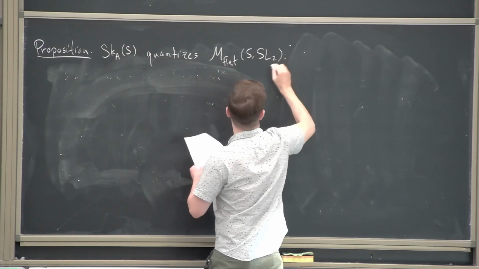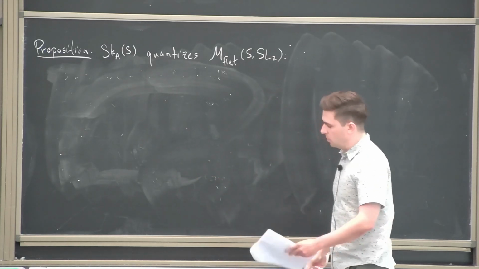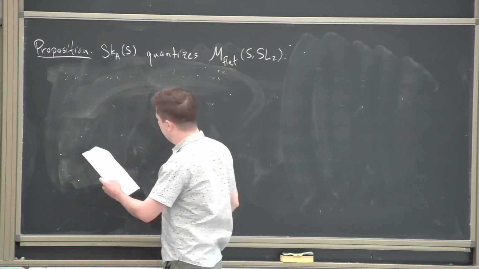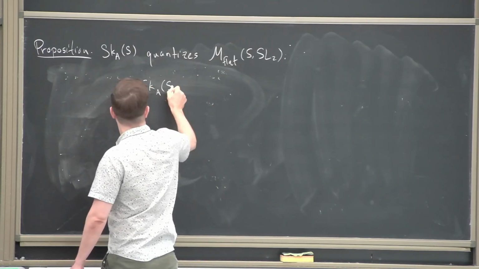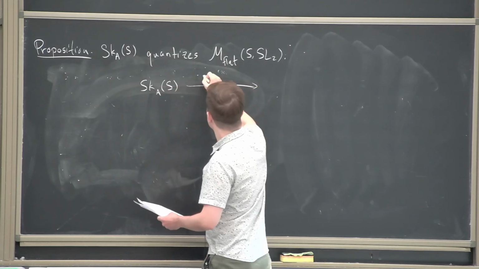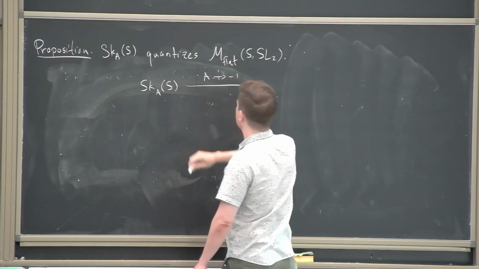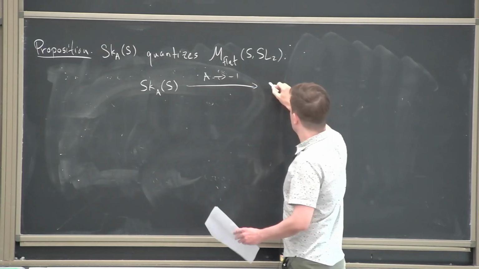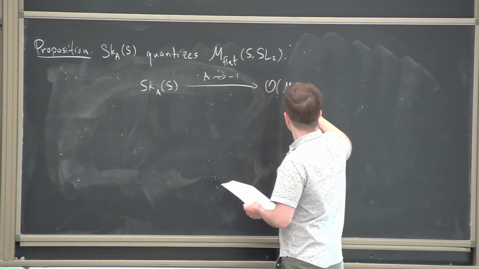It means if we specialize this variable A to a certain value, we recover the algebra of functions on this scheme. More precisely, if we take the skein algebra and we take the A goes to -1 limit, so we set A equal to -1, then you get a commutative algebra, which moreover is isomorphic to the algebra of regular functions.